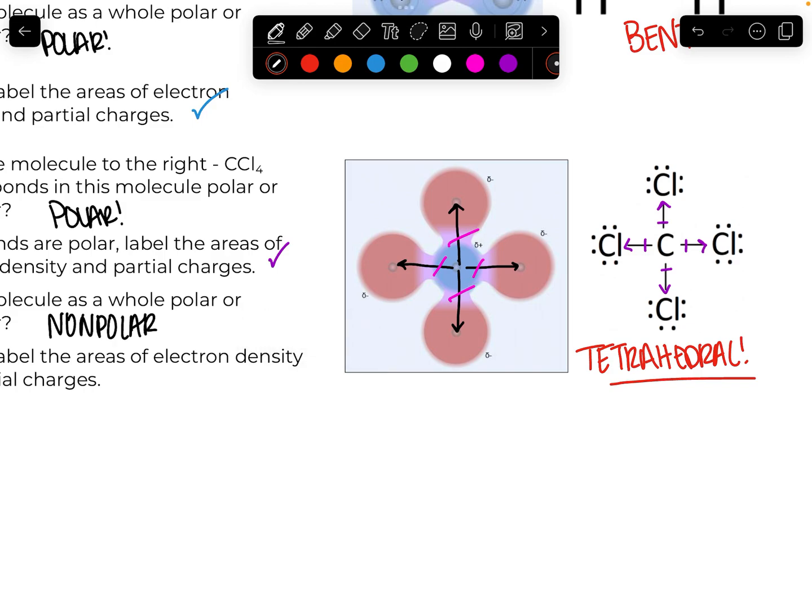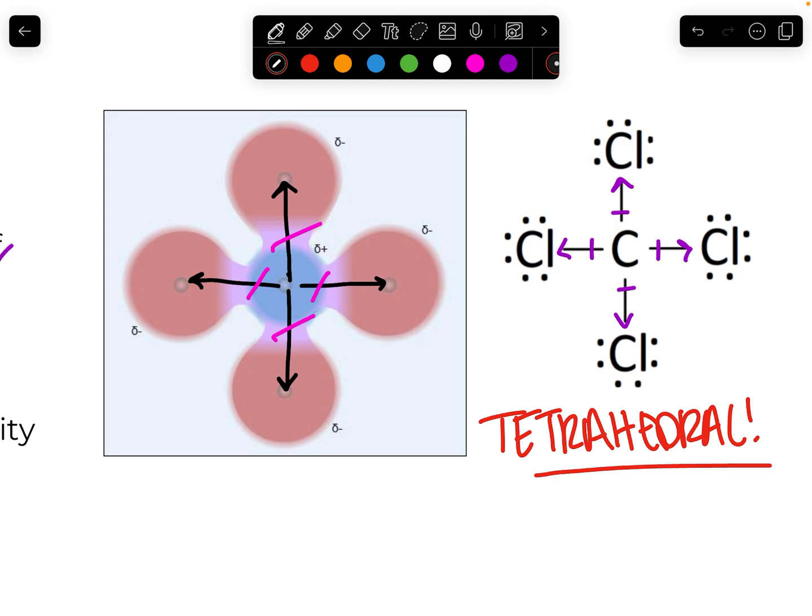There is no difference in electronegativity across the whole molecule. So even though the bonds in this molecule are polar, the molecule overall will be nonpolar because these bond polarities cancel each other out.